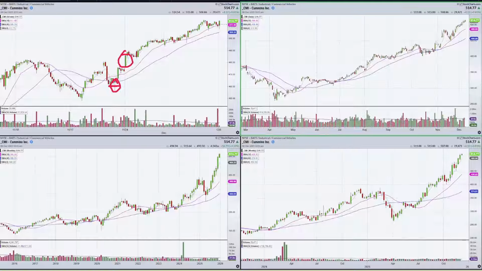So if the stop, using our approach, is just near that midpoint or below, then I'm fine with that. I'm totally fine. It doesn't have to be below the low of this bar. I like it to be below the midpoint of that bar. But just keep in mind, we had another big green bar right after. So if your stop was slightly above, it's still going to be okay in this situation.